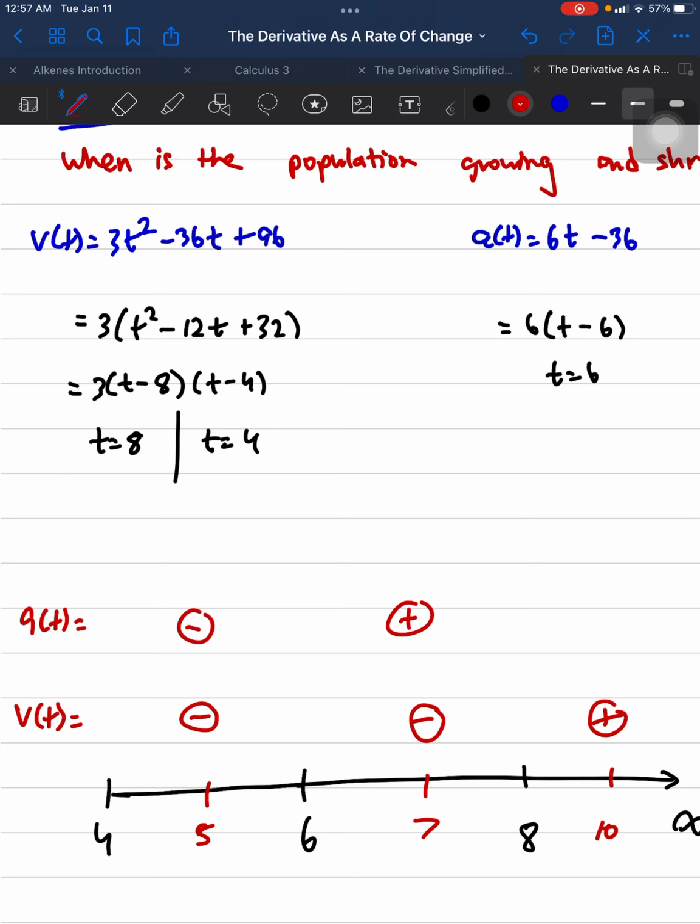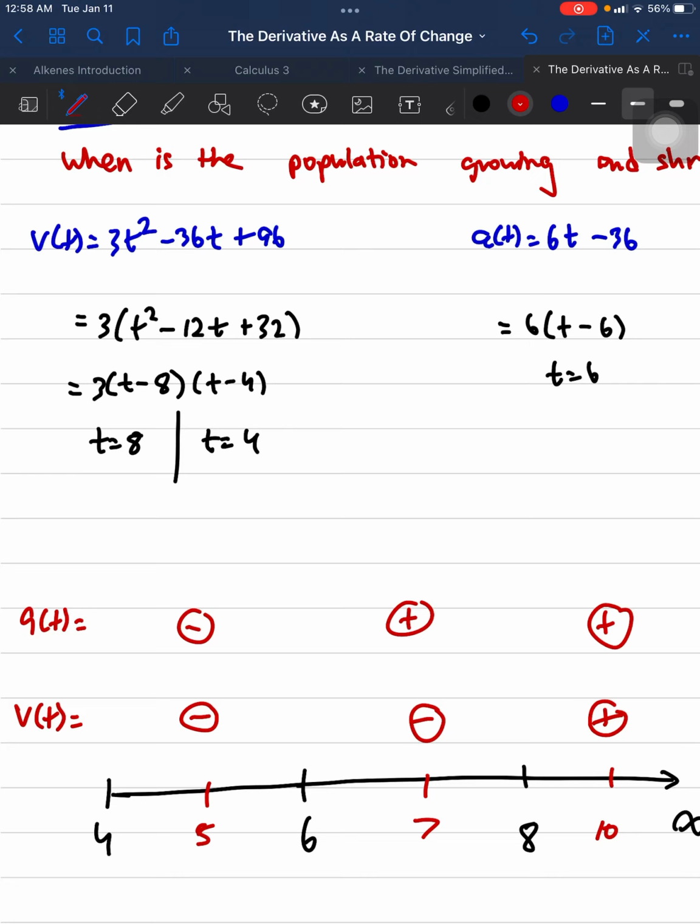And when we plug in 10 into the acceleration function, 60 minus 36 is just 24. So positive 24, so it's going to be positive value for acceleration at t equals 10.